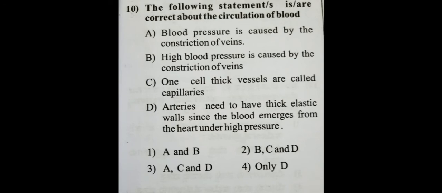Second statement, high blood pressure is caused by the constriction of veins. C, one cell thick vessels are called capillaries. D, arteries need to have thick elastic walls since the blood emerges from the heart under high pressure.